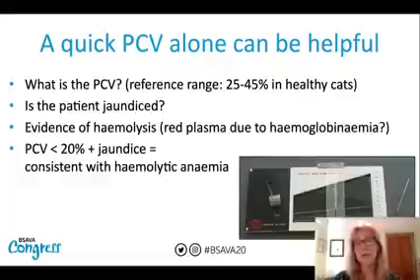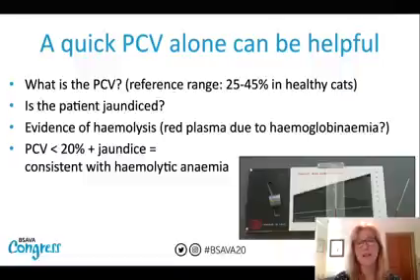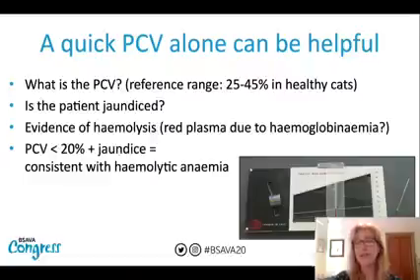And if there's intravascular hemolysis, we may see actually red plasma on spinning down the tube in a patient with a hemolytic problem. So even this very quick test, an out of hours test often done, can give us some valuable initial information.